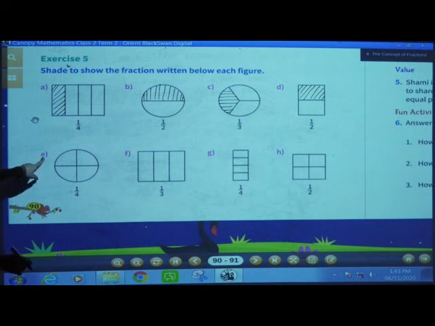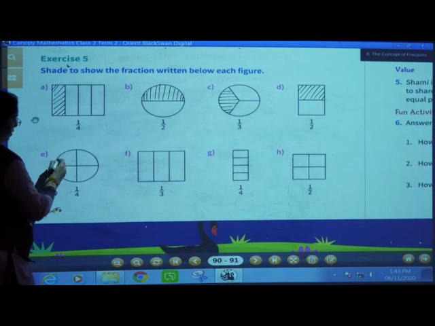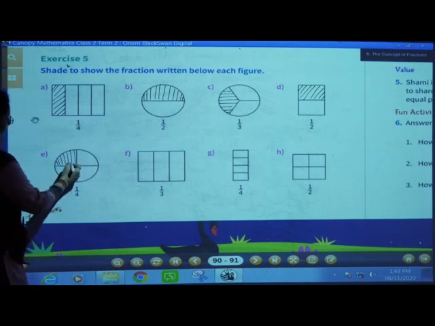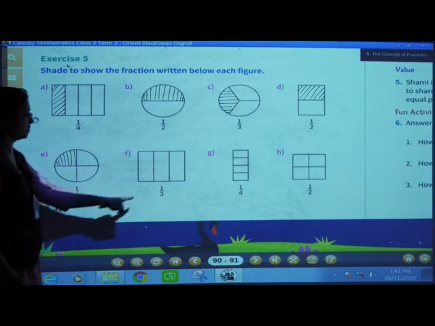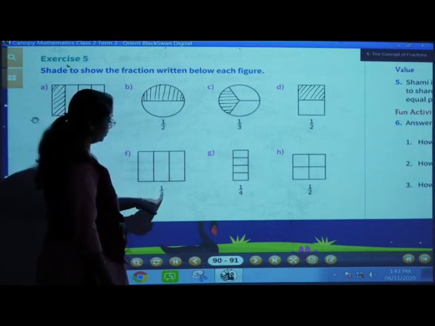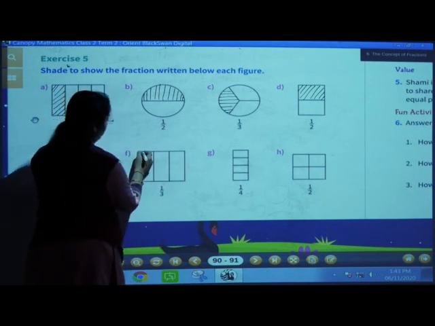This E number, quarter. Quarter means total equal parts 4 and we have to shade one part. One-third means 3 equal parts and 1 we have to shade.